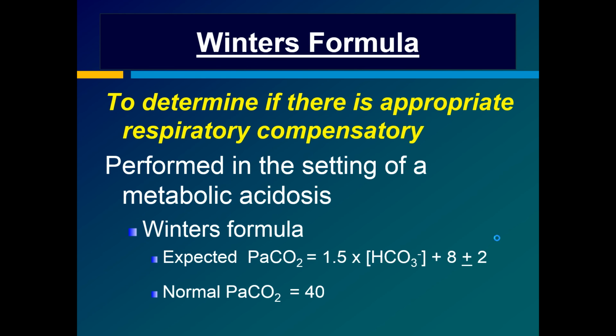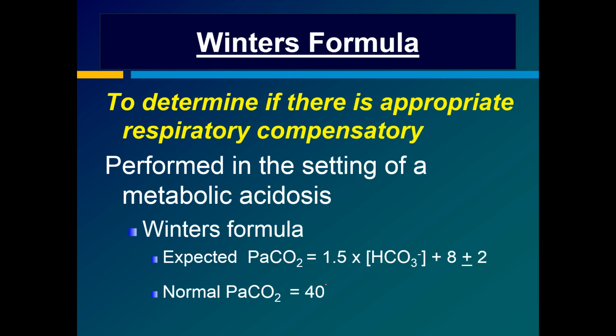And as we mentioned earlier in this brief primer, when you have a metabolic condition, there's respiratory compensation. And the formula is primarily used for metabolic acidosis and the respiratory compensation that occurs with that particular condition.